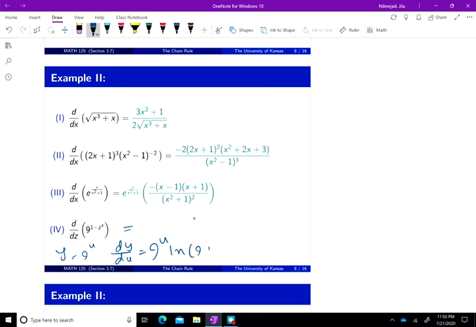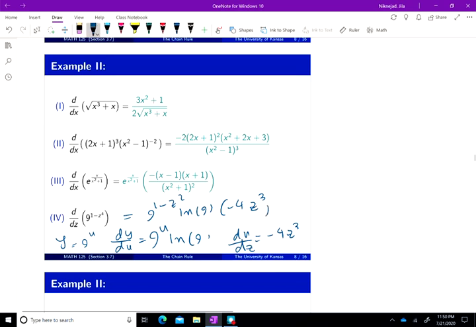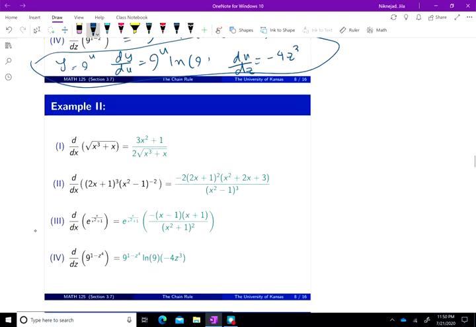So that's what you write, and then du/dz is going to be negative 4z to the power 3. And so the entire thing becomes 9 to the power (1 minus z to the power 4), which is u, natural log of 9, times negative 4z to the power 3. Parentheses closed. These are the side notes. That's the answer.